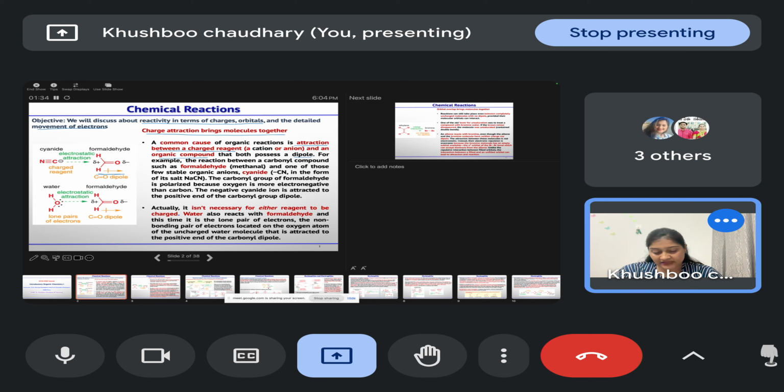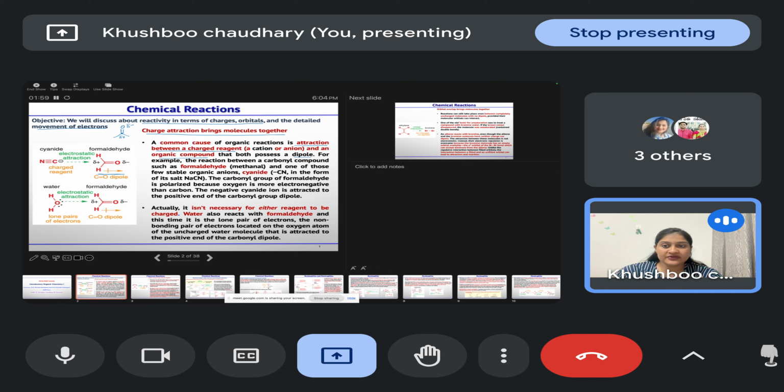carbonyl carbon here, we already know that carbon is attached to oxygen, and oxygen, being electronegative in nature, pulls electron density towards itself and hence acquires a negative charge. As electron density moves towards oxygen, the carbon acquires a partial positive charge.